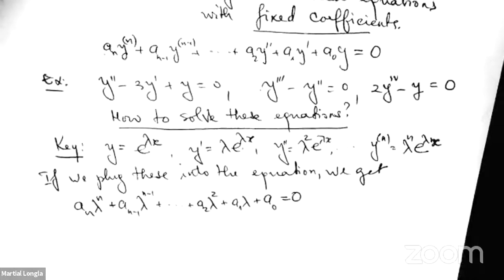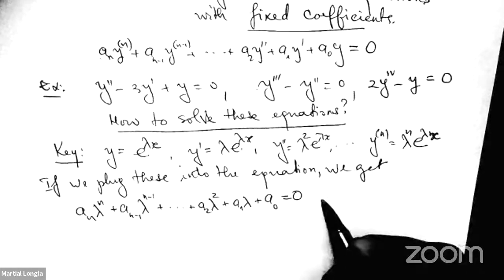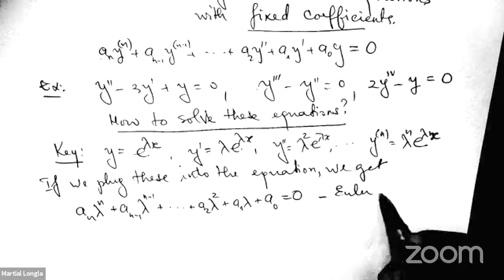Because when you plug that in, you have a common factor that is e to the lambda x, which is never 0. You can divide by that, and you can get this. This thing is called the Euler equation.